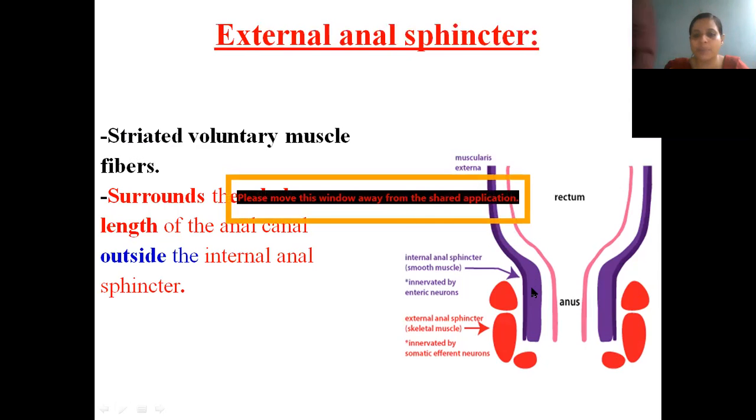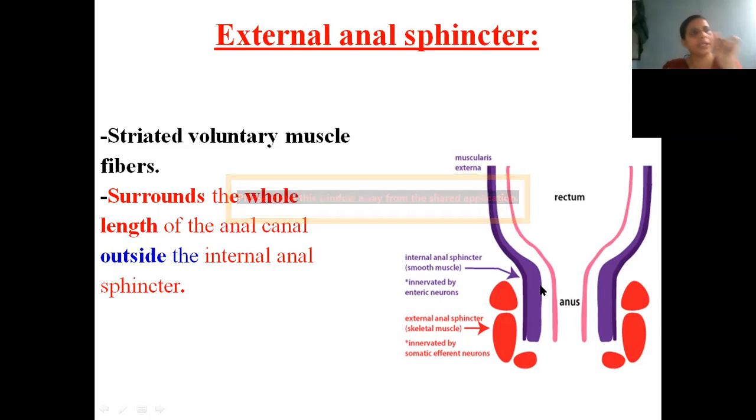The internal sphincter was smooth muscle, whereas this is skeletal muscle. See the difference. The inner circular muscle was modified for that, but here this striated skeletal muscle surrounds the whole 3.8 centimeters length of the anal canal.